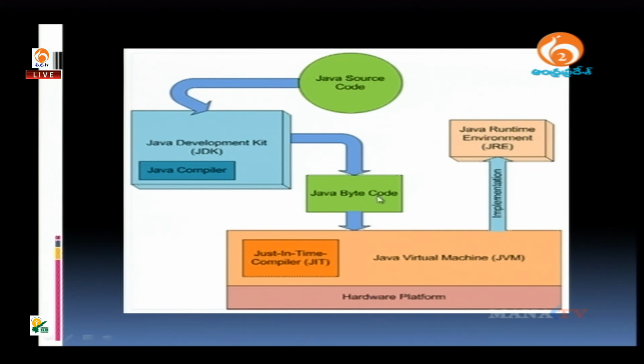Bytecode is nothing but a set of instructions which is understood only by the JVM. For that reason, we are converting into bytecode. The bytecode is contained in the .class file.